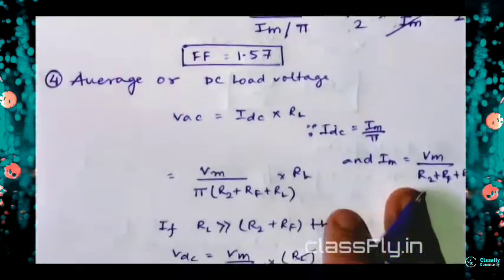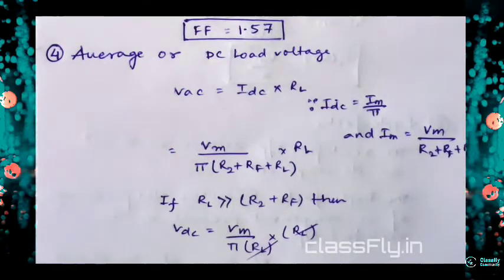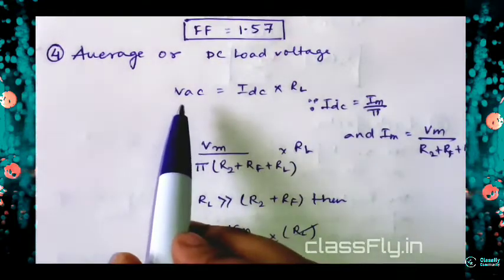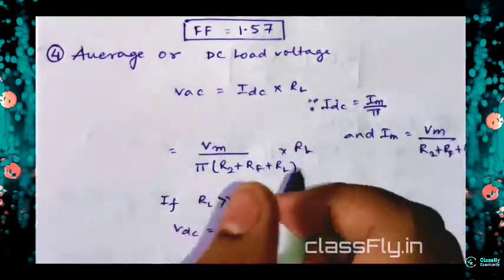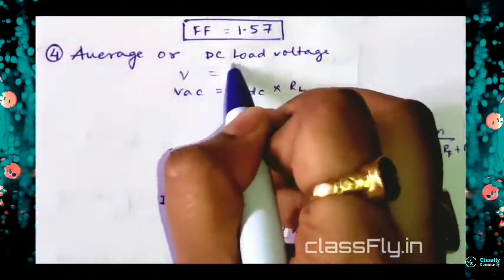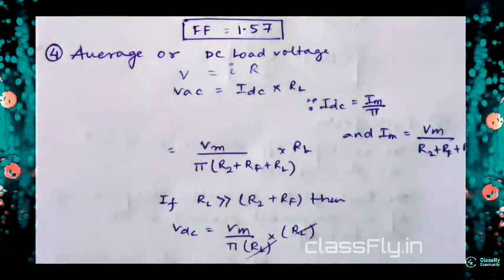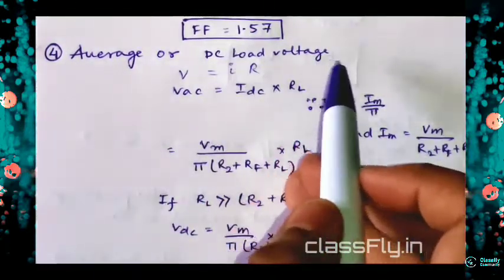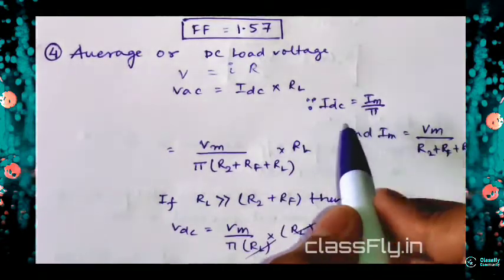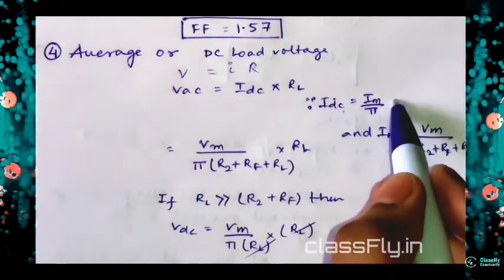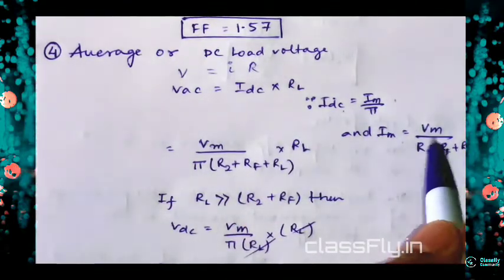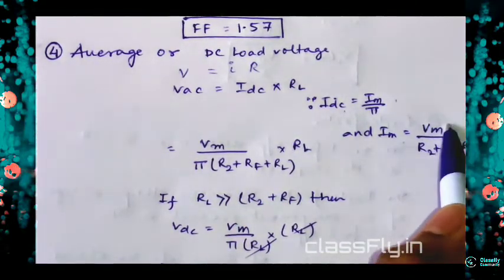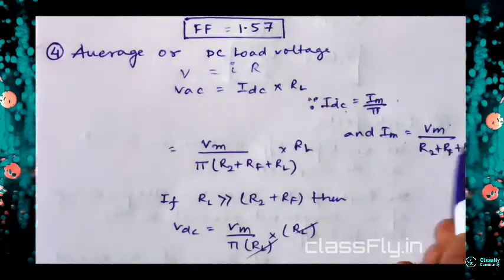Now we will learn about the fourth parameter, that is the average or DC load voltage. We know that VDC is equal to IDC into R, that is voltage is equal to IR. So to find the DC load voltage, we write IDC into RL. IDC, we know, is our first parameter, that is Im by pi, and Im we found as the max peak voltage over the total resistance.